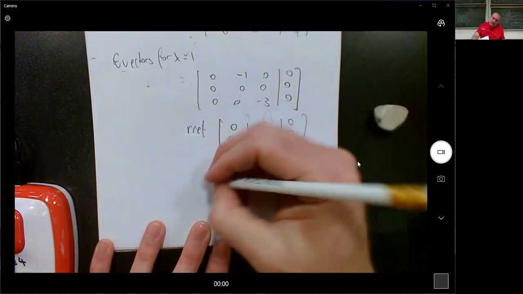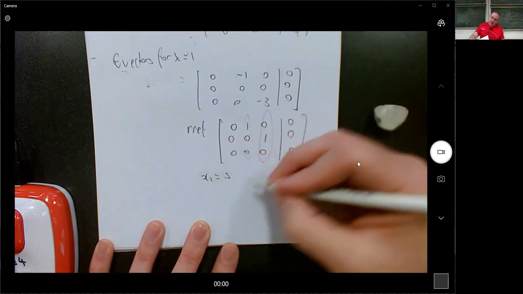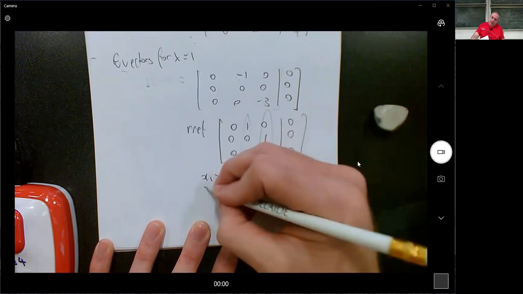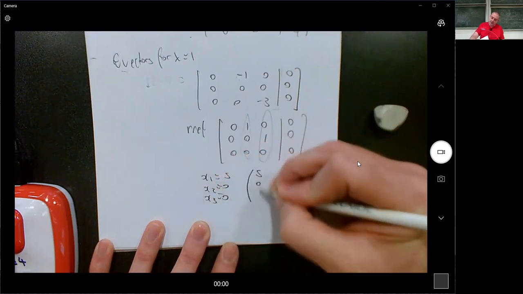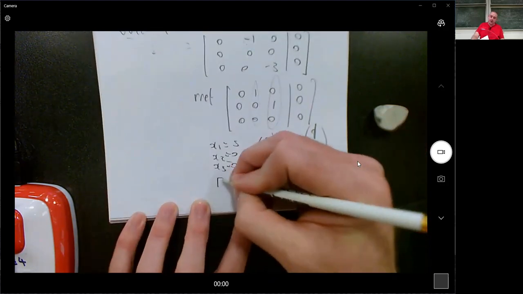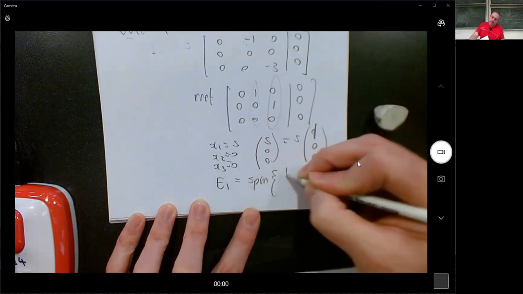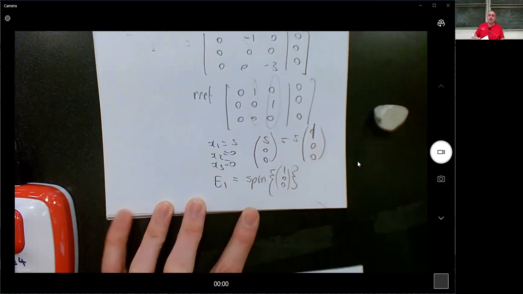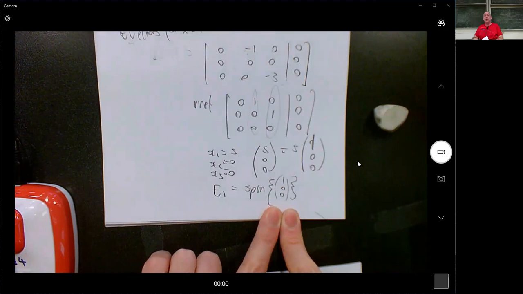So I'll get x1 equals s, x2 is 0 and x3 is 0, so I get s, 0, 0. And so the eigenspace for 1 is the span of (1, 0, 0). But it had multiplicity 2, and I only got one eigenvector, so it's not diagonalizable.